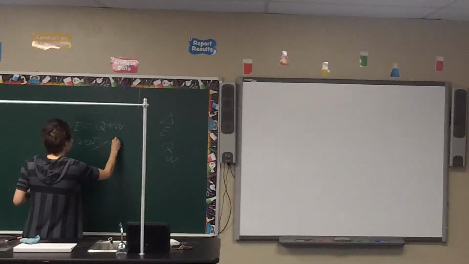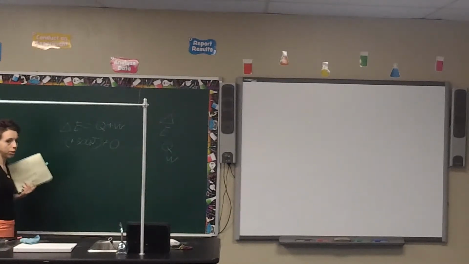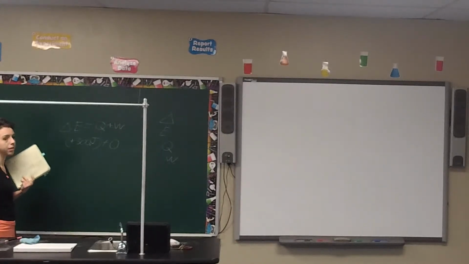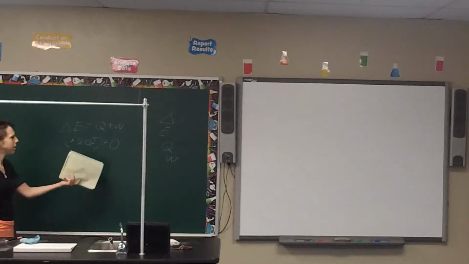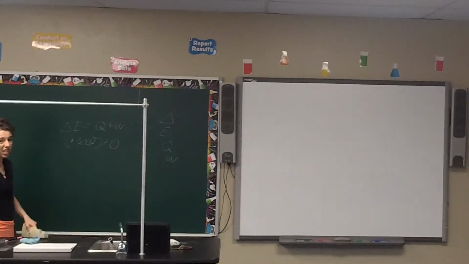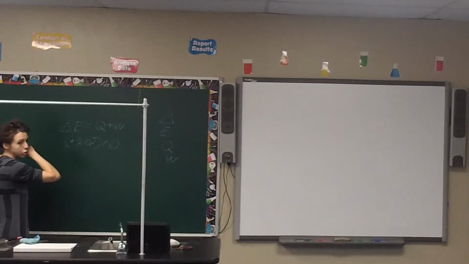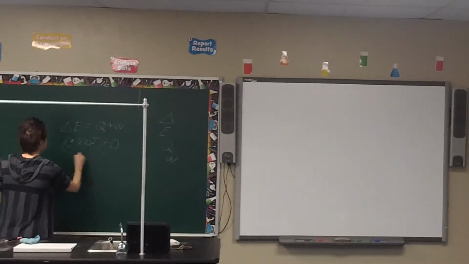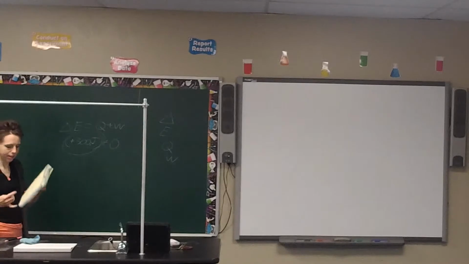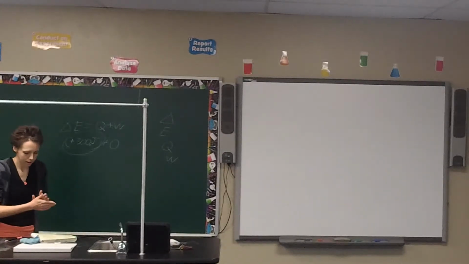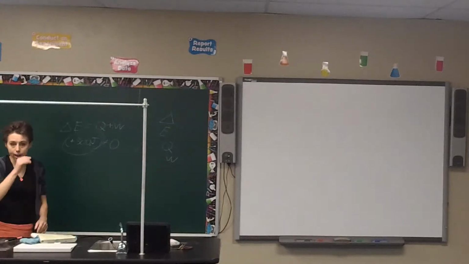Plus 0 work. Just adding it up, it's 300 joules plus 0. Now, 0 technically doesn't have any sig figs, so we're just going to worry about sig figs for the 300. So it becomes 300 joules as the answer. Remember, it's got to be 300 with a decimal point. So that's the main ideas for that section.